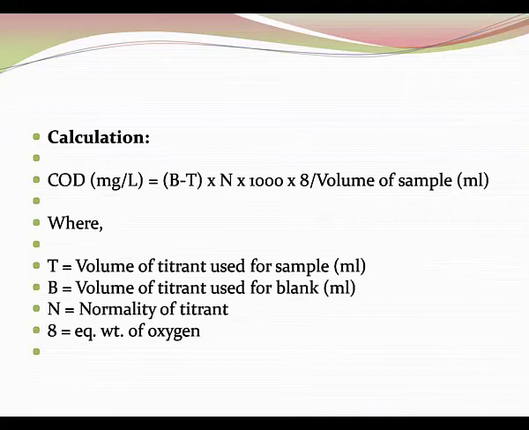T is the titrant volume for the test sample, B is the volume of the titrant for blank, N is the normality of titrant, and 8 is the gram equivalent of oxygen. So using this formula, we can easily calculate COD in terms of milligrams per liter.